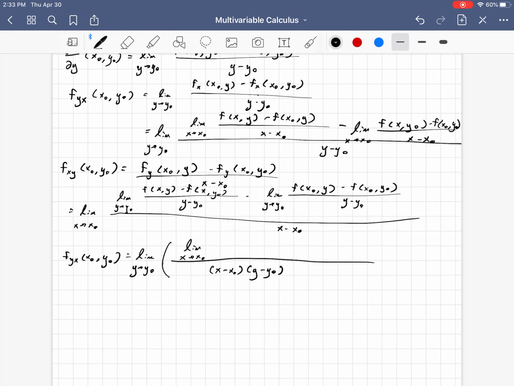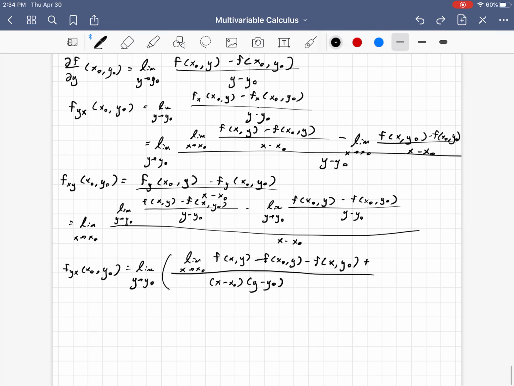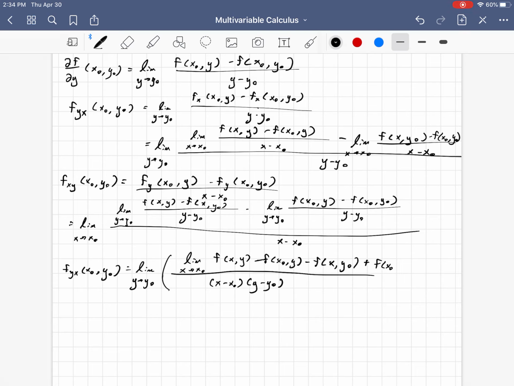So we have the limit as x approaches x naught of f of x comma y minus f of x naught comma y minus f of x comma y naught, and then it's plus because this is a negative and that's a negative, plus f of x naught comma y naught.